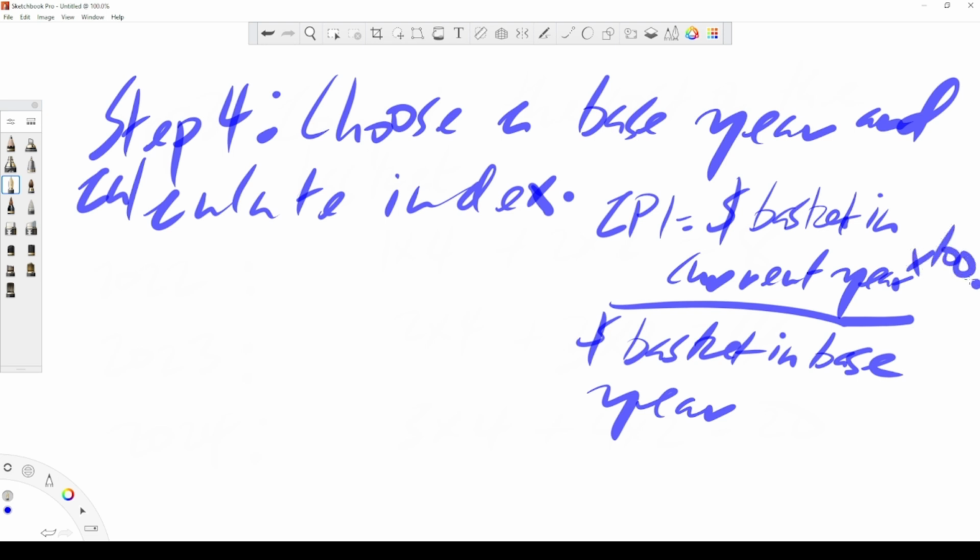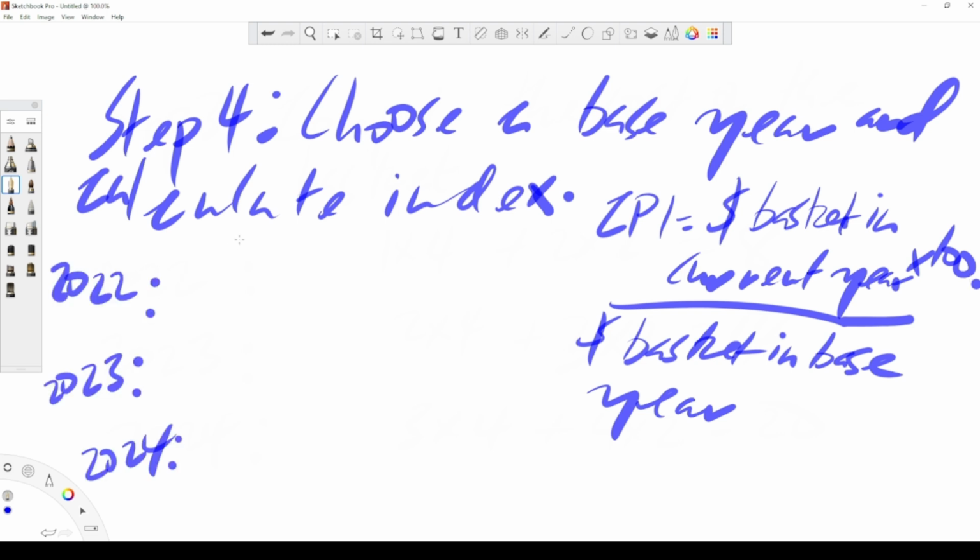Note here it is times 100 and not 100%. I notice a lot of students use 100%, but it's not 100%. This is an index. With the inflation rate you multiply by 100%, but with the CPI it's just 100. So let's calculate the CPI for 2022, 2023, and 2024.